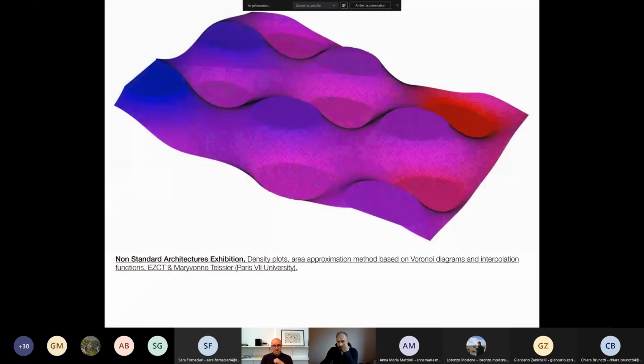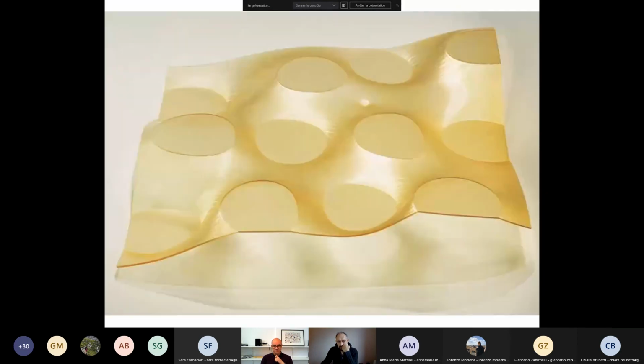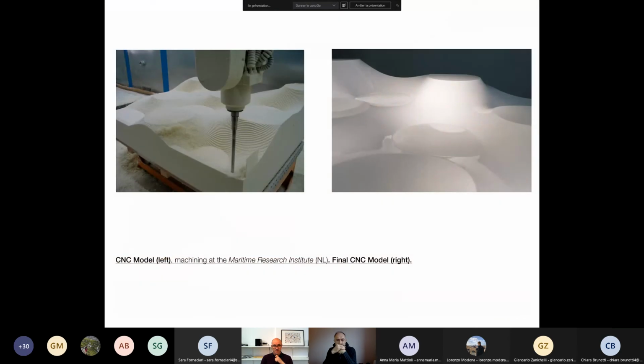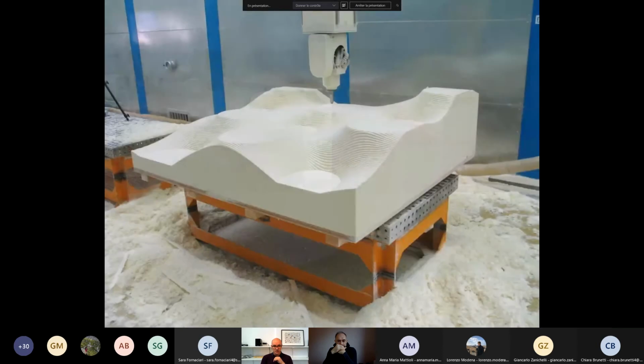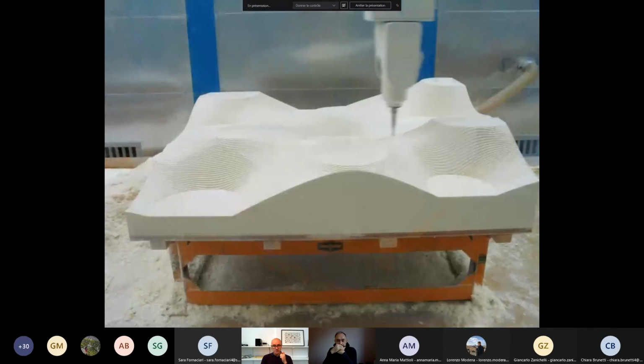Basically you see the surface here. And you see the model was made on a very big milling machine in the Netherlands in 2004. It's almost a 2 by 3 meter model.